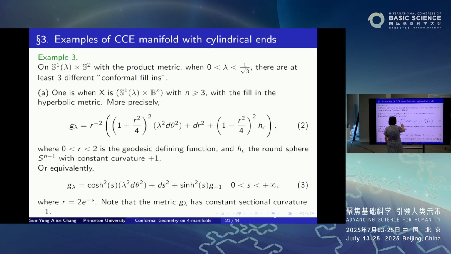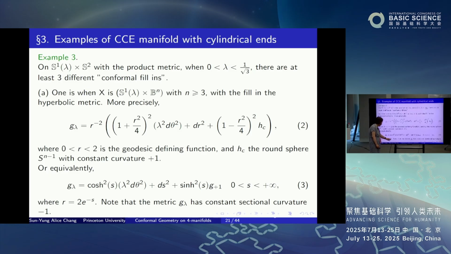And then on the ds1, we have this parameter distance function, product with a function. And this metric is hyperbolic, constant sectional curvature -1. And if we use the familiar coordinate, this r is 2.